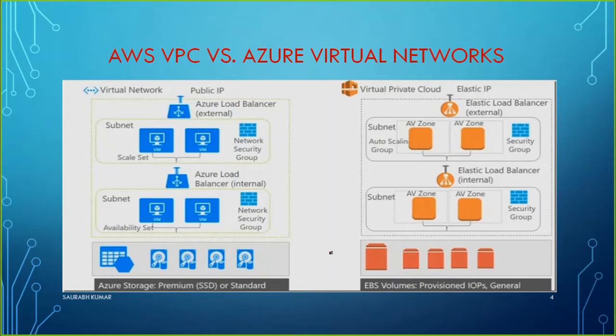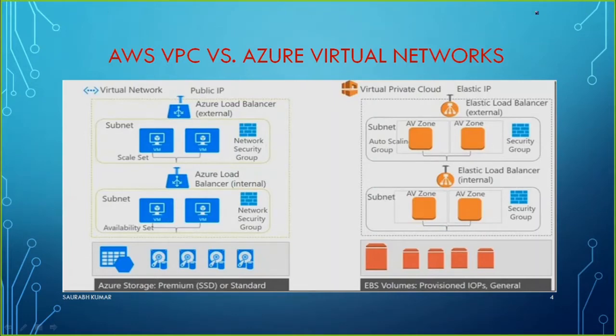for example, here you see in the left side we have Azure network, and in the right side we have Amazon network. So either we have Amazon network or the Azure network, some of the things are always going to be same. For example, let's start here with virtual network.